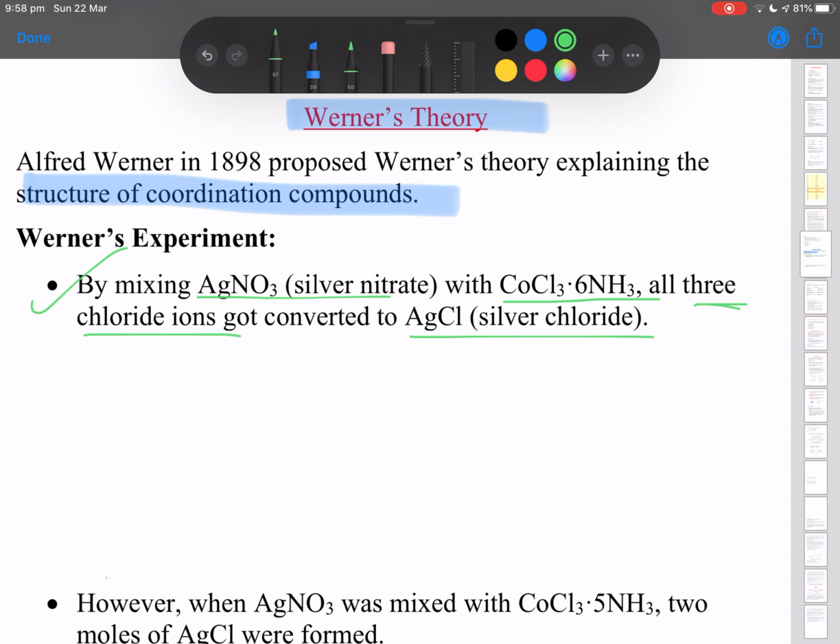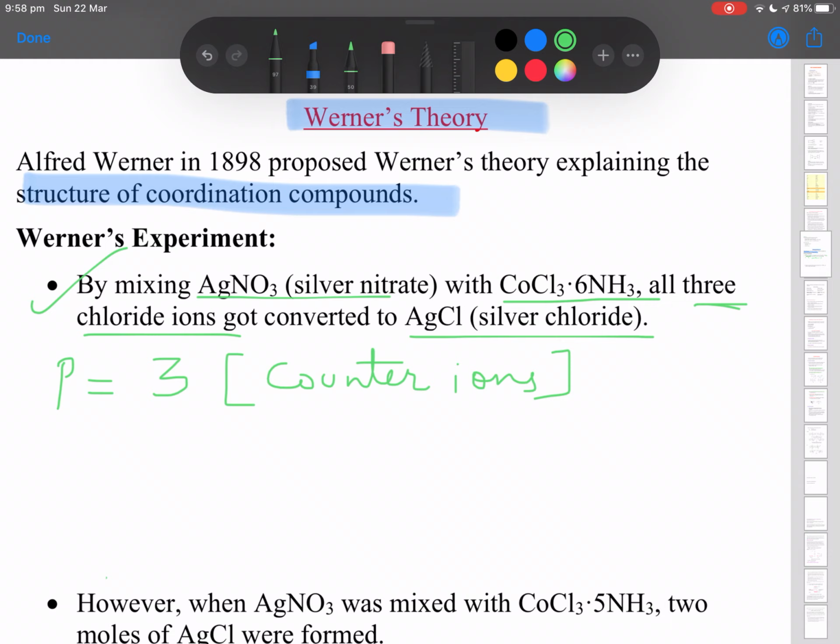Let us write here: the primary valency was considered as 3. So primary valencies are basically your counter ions, and they are present outside the coordination sphere.